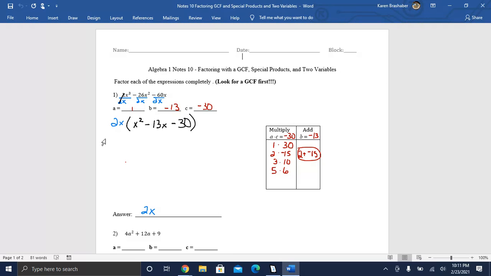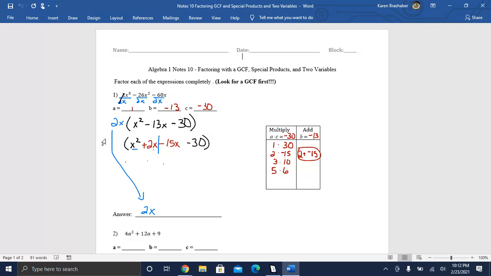Going back to my problem, I'll have my x squared and then plus 2x minus 15x, and then bring down the minus 30. Now, we don't want to forget the 2x. You can just draw an arrow down to remind yourself to put that in. We'll do a cut line.